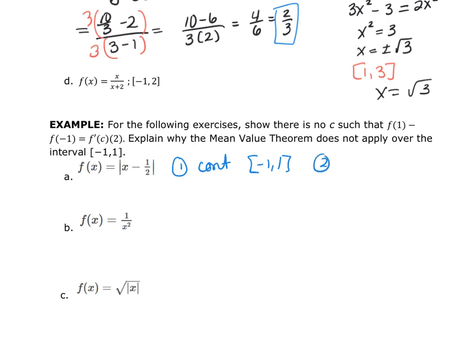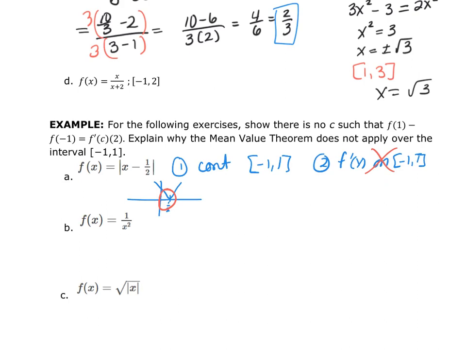That's the second piece: does f prime exist on the interval from -1 to 1? If I were to graph this function, it looks like the absolute value function moved over, with the turning point at a positive 1/2. So there is a corner, so the derivative doesn't exist.